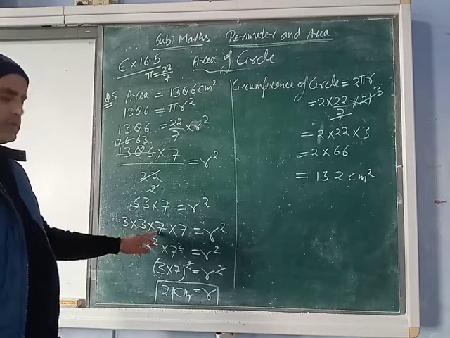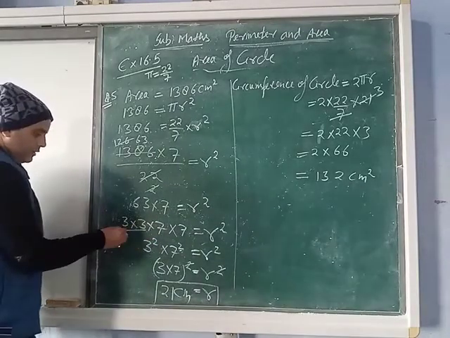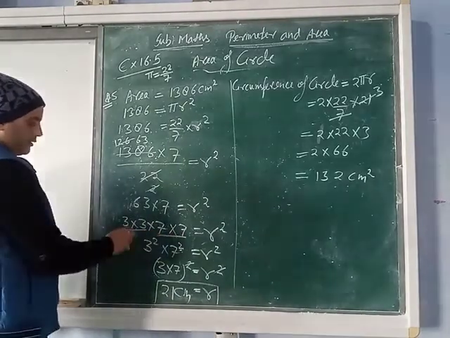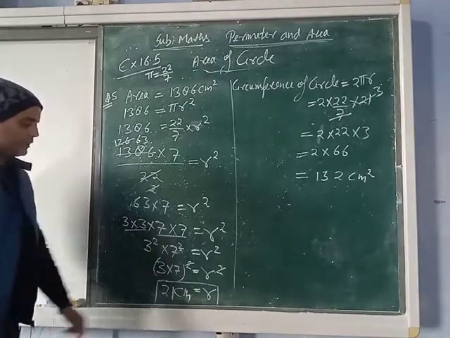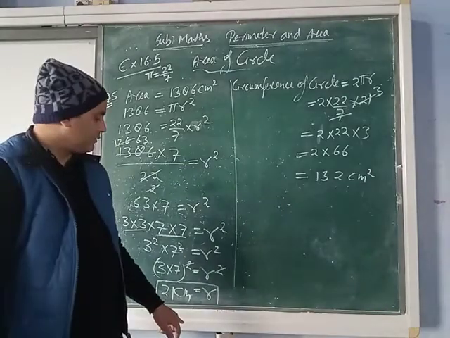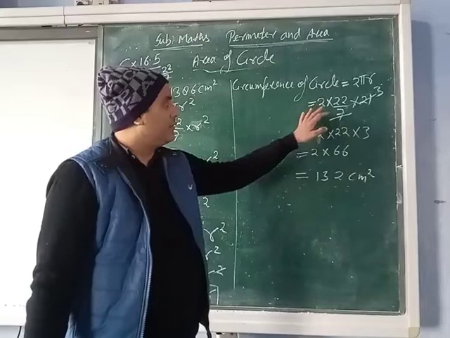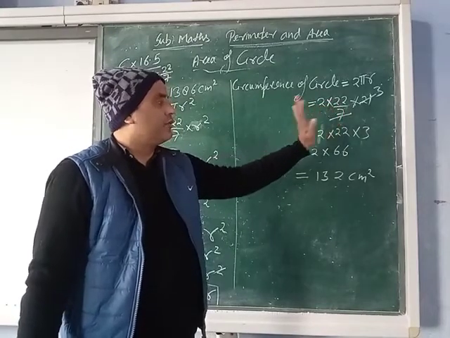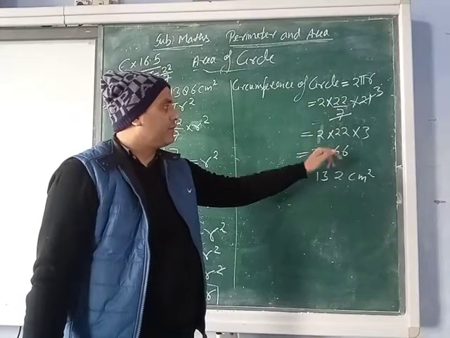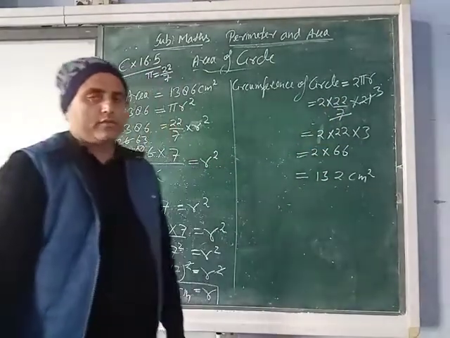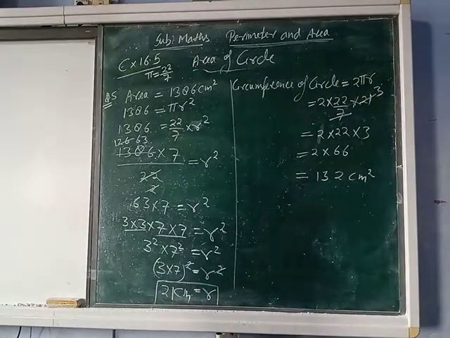Pair 3 and 3, 7 power 2. Then we will get 21 centimeters. We know the circumference of a circle is 2 pi r. 2 into 22 by 7 into 21, 7 divides 21 three times, then like this you will get the circumference of the circle. Okay, write down.